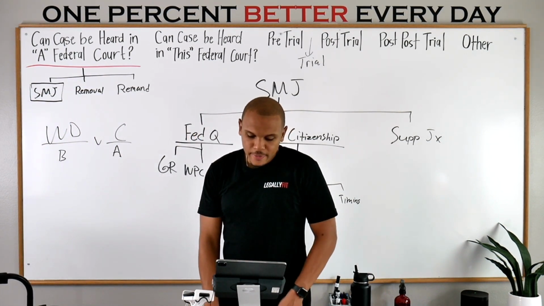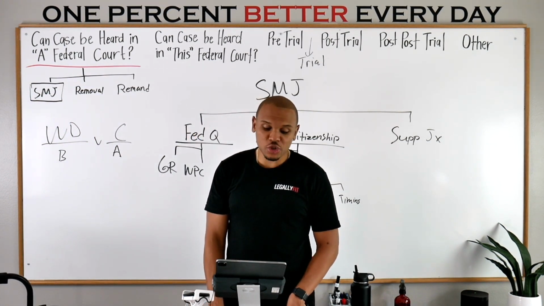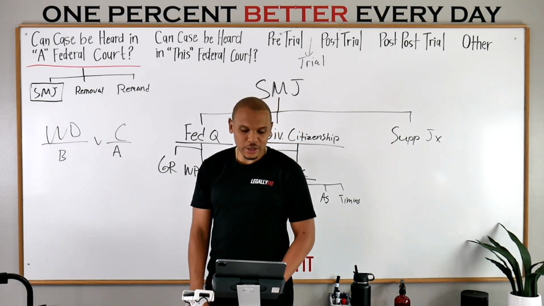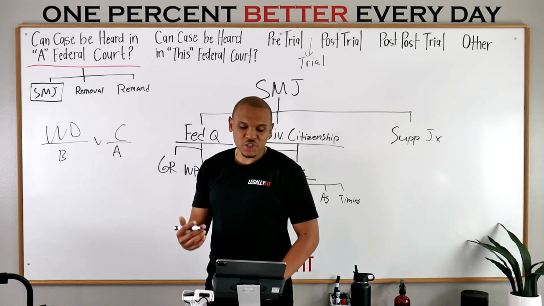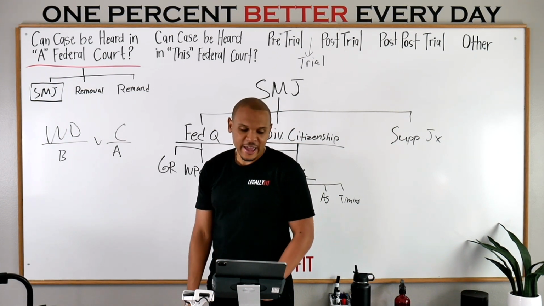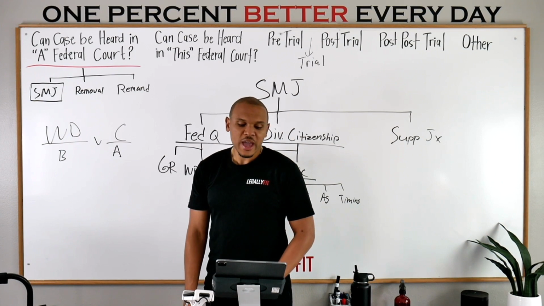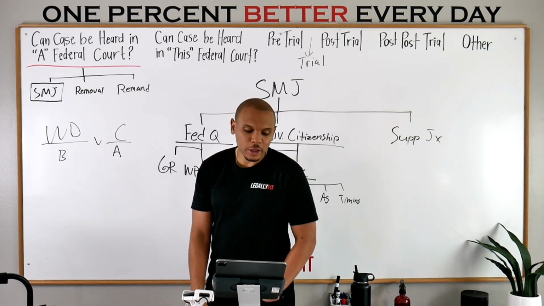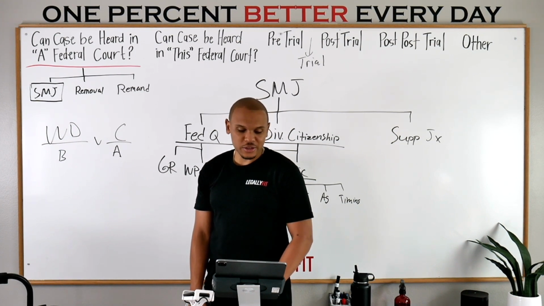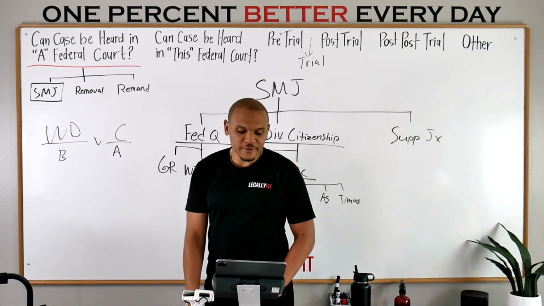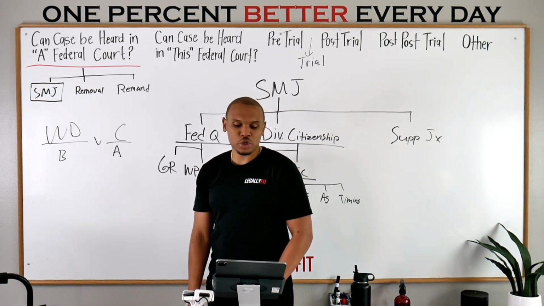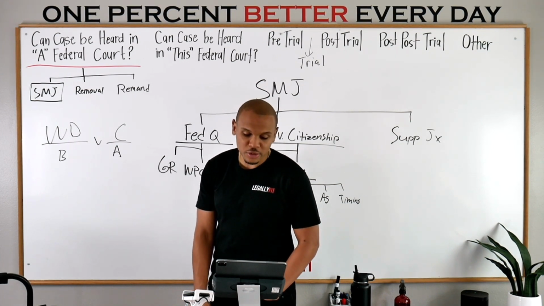A corporation in federal court in district court in state B. The web developer had worked at the corporation's headquarters in state B. The complaint asserts that the corporation violated federal employment law and breached the web developer's employment contract. The web developer seeks $50,000 in damages. The corporation files a motion to dismiss, asserting that the court lacks subject matter jurisdiction over the web developer's employment contract claim. Okay?